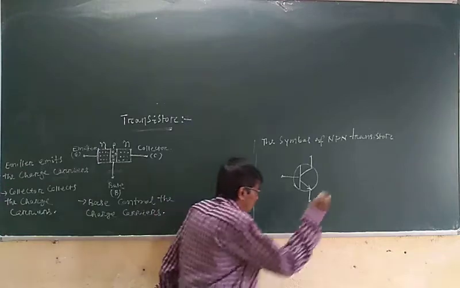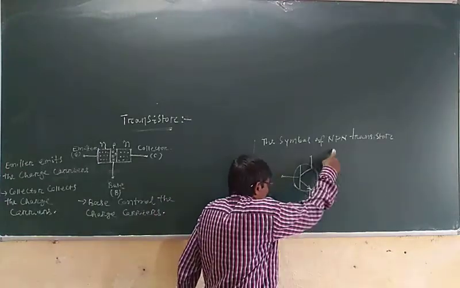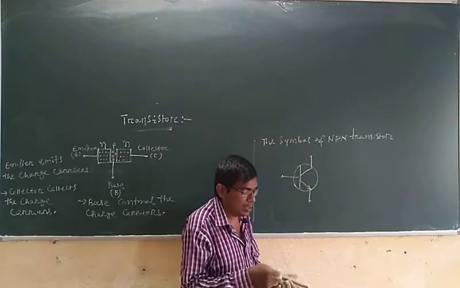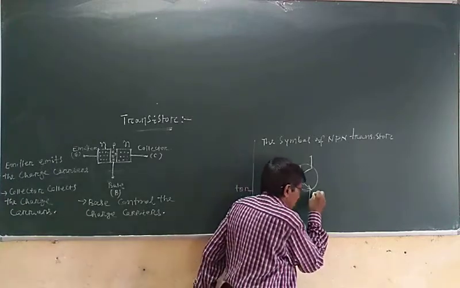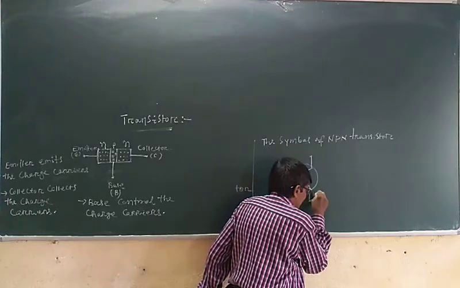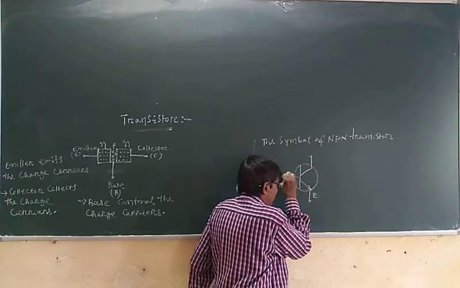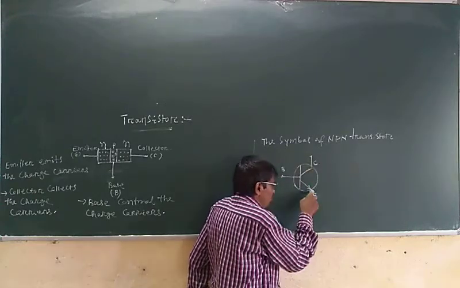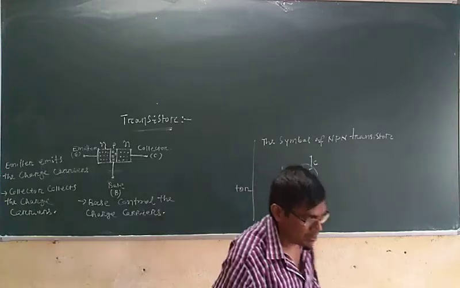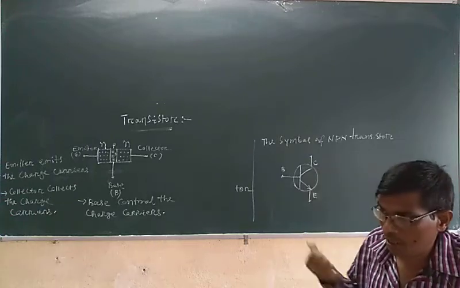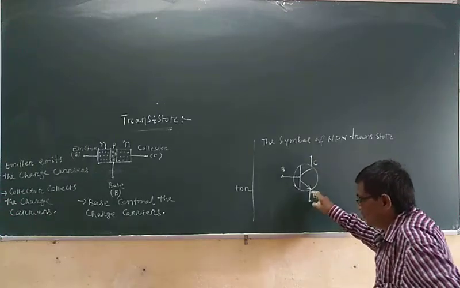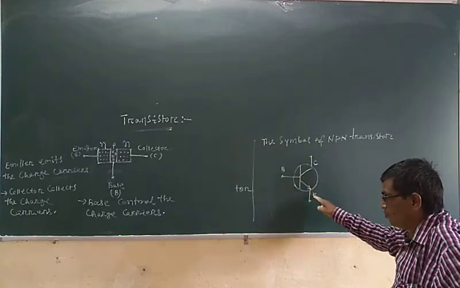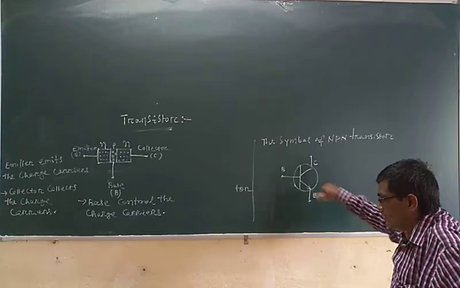Now, that is the symbol of an NPN transistor. The arrow indicates the emitter of the transistor, that is the E. The middle portion is the base, point B, and the other terminal is the collector, C. So in an NPN transistor, the arrow indicates the emitter, and the arrow points to the outer side, away from the base.